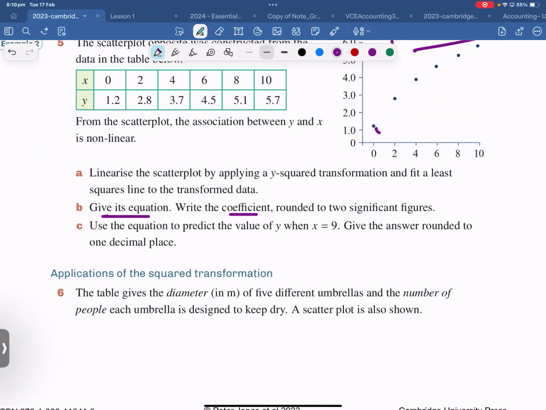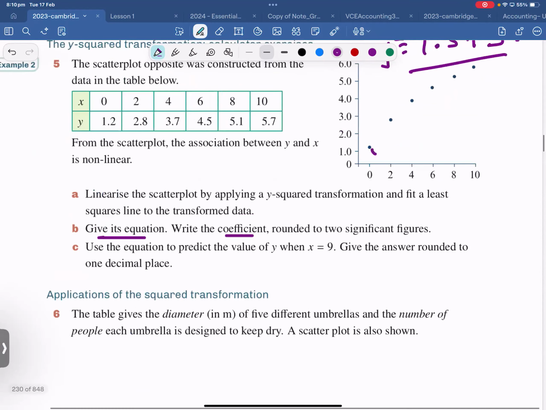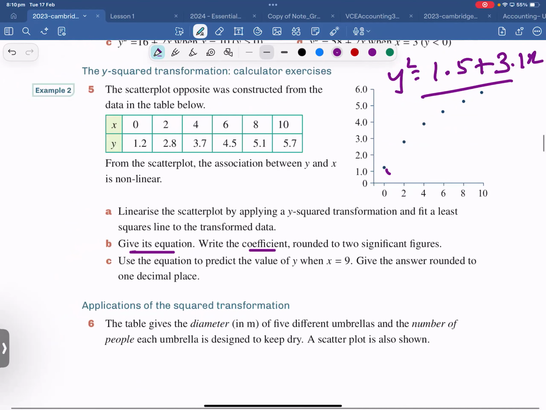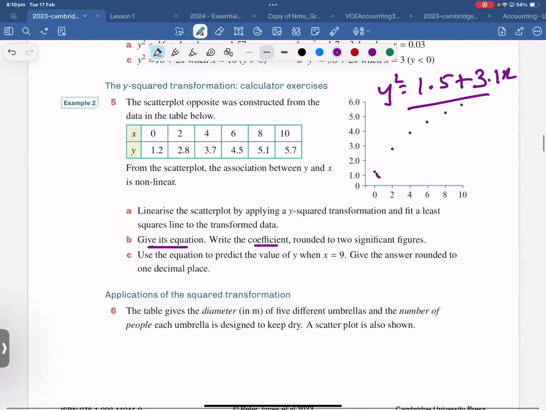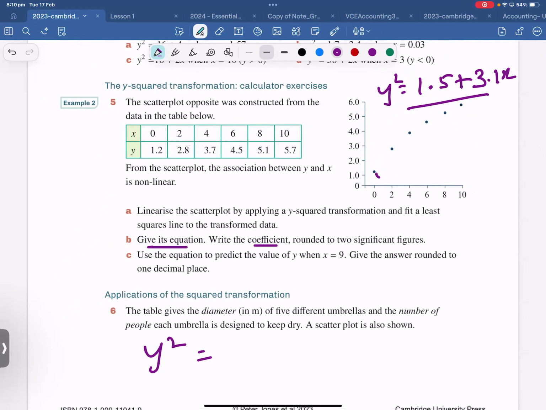Okay, so if we apply it, guys, y squared equals 1.44 plus 3.1 times x, where x is 9.